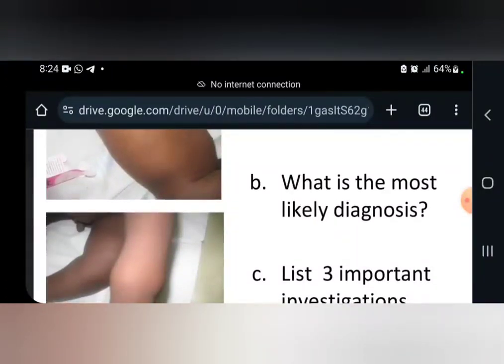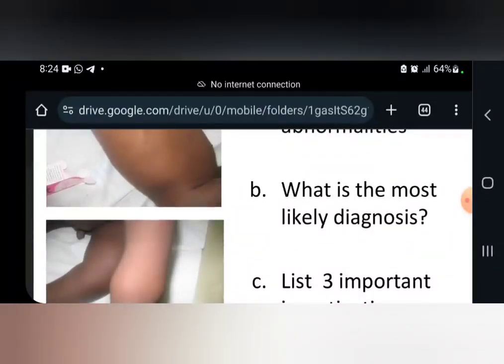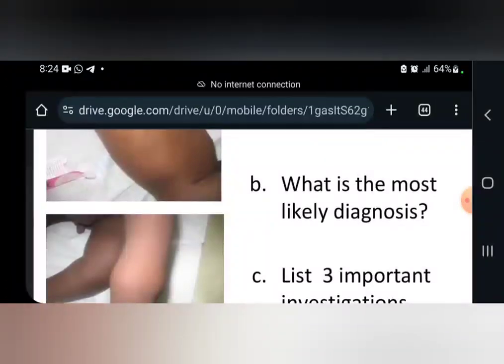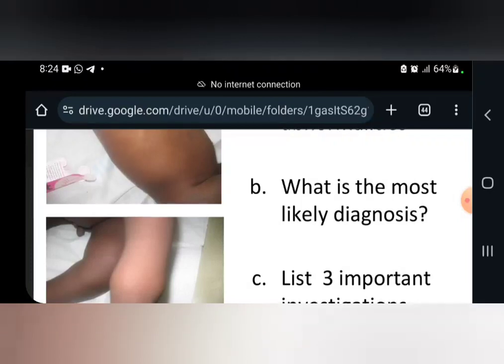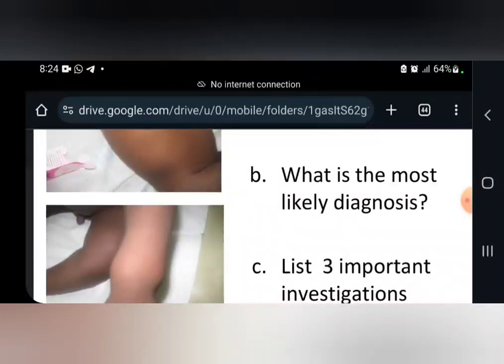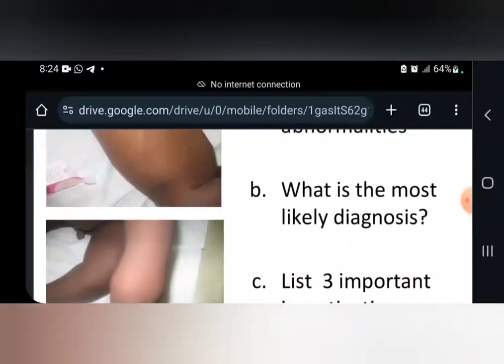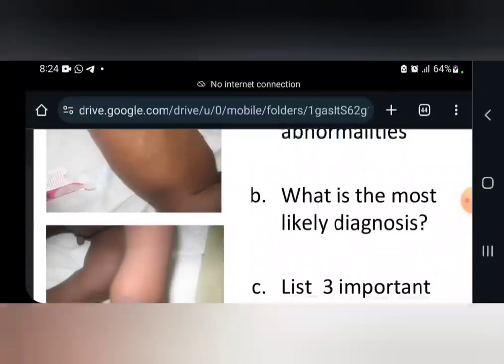Meaning that you have the same bone volume, but in that volume you have reduced calcified tissue. But in the case of osteoporosis, both the volume and the calcification reduce. That's the difference between the two.